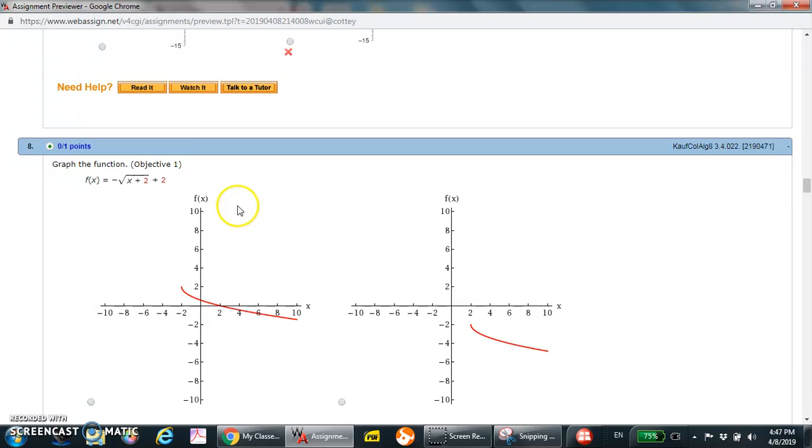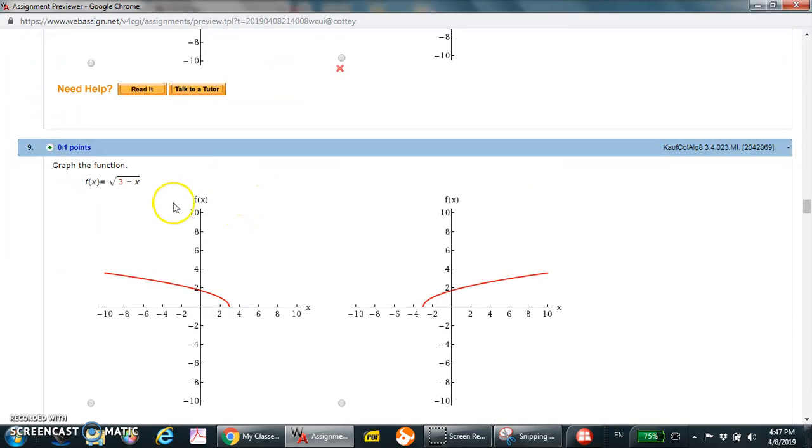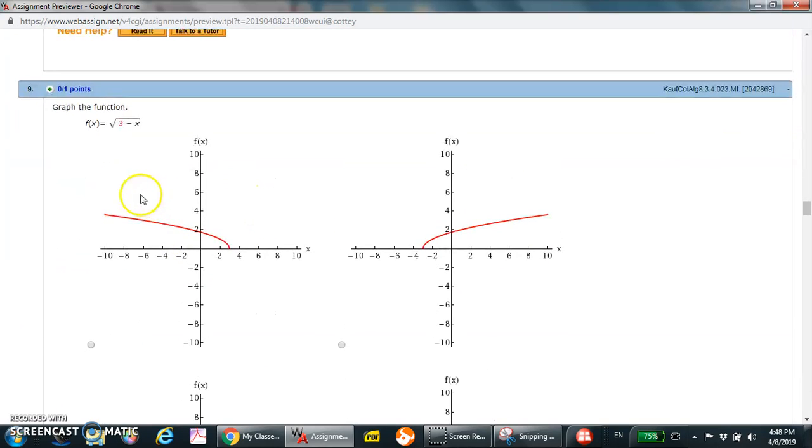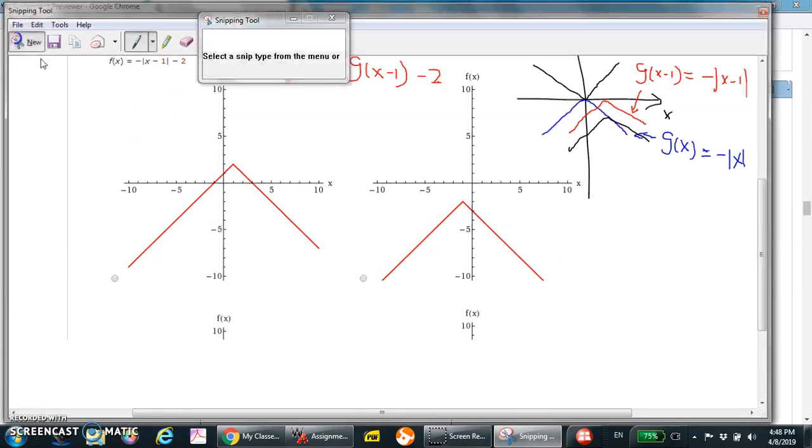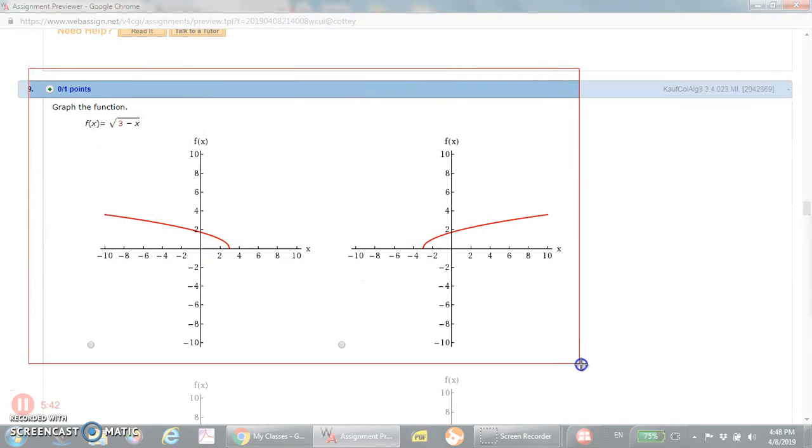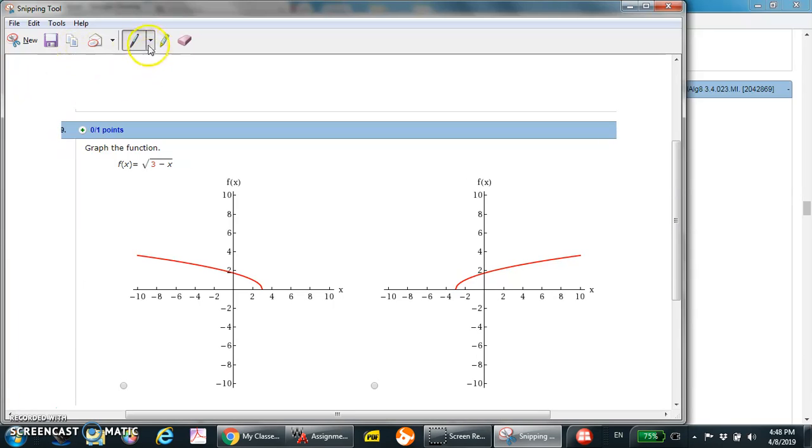Now let me do another one. So we want to graph the function f(x) equals the square root of 3 minus x. Over here, the basic function is y equals the square root of x.